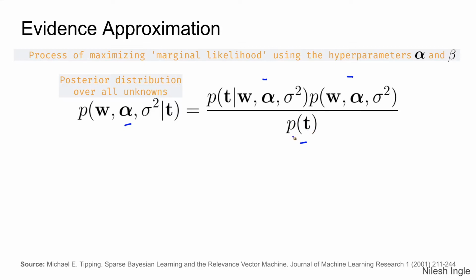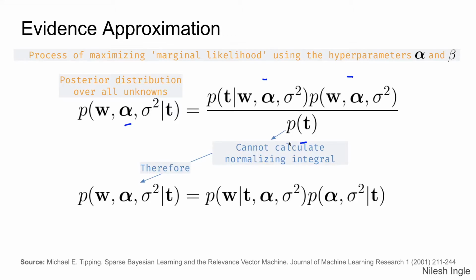Now in the paper, this particular part cannot be calculated, so this entire equation can then be reformulated as shown here, where we have the probability of w, alpha, and sigma square given t equal to the product of these two terms right here.